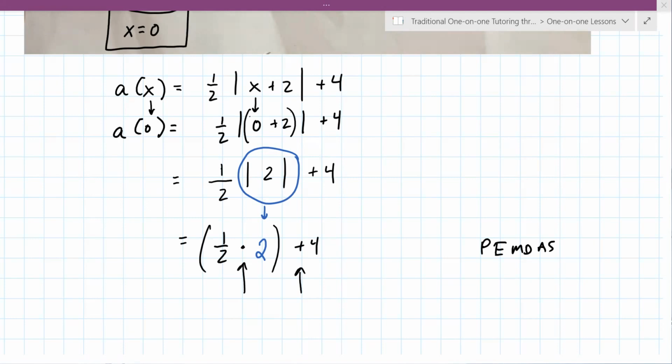Okay, so I'm just gonna multiply. Okay, and that's gonna be... Do you want us to work on this together or do you want to work on it on your own?